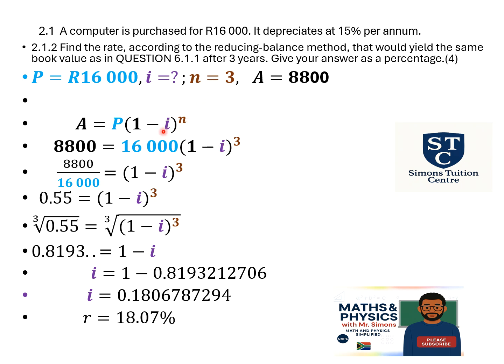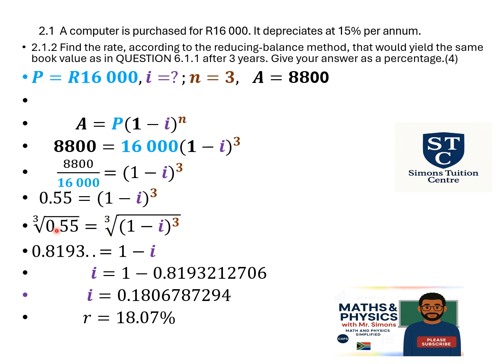So that is 16,000 times the bracket. To get rid of multiplication, I'm going to use division. So 8,800 divided by 16,000 equals (1 minus i) to the power 3. That becomes 0.55 equals (1 minus i) to the power 3. Now I need to get rid of the power 3 because I want 1 minus i on its own, so I'm going to find the third root. What I do on one side, I must do on the other side.